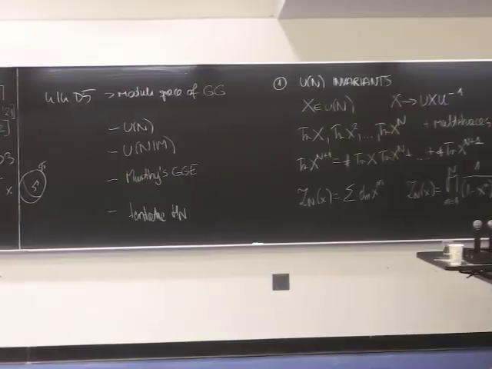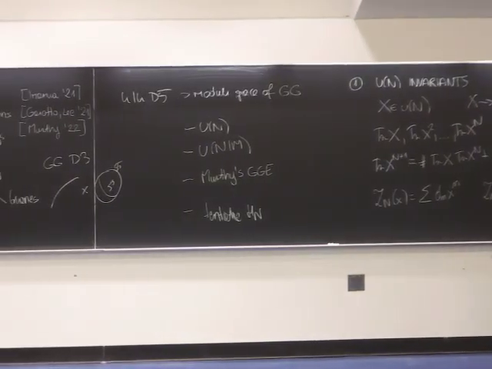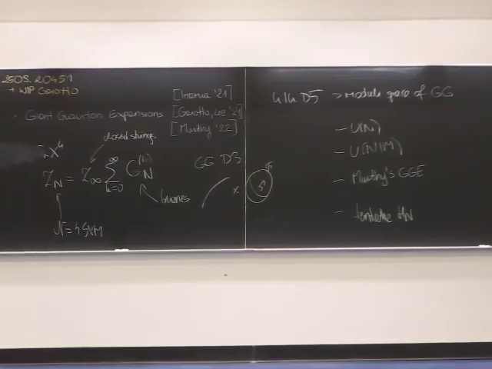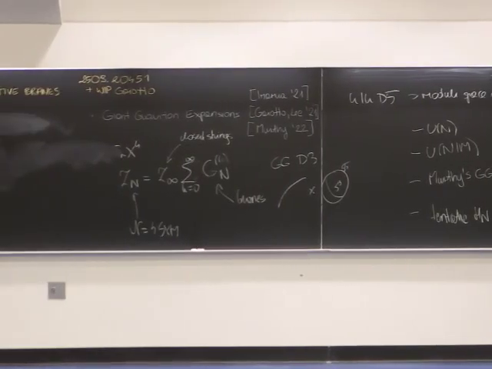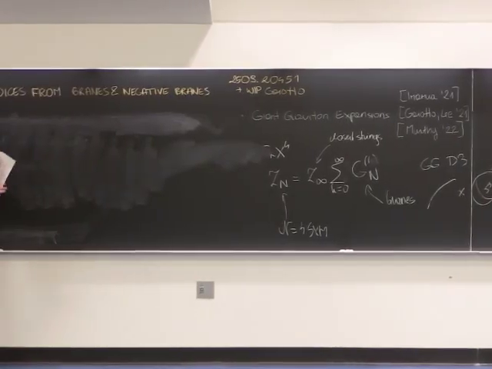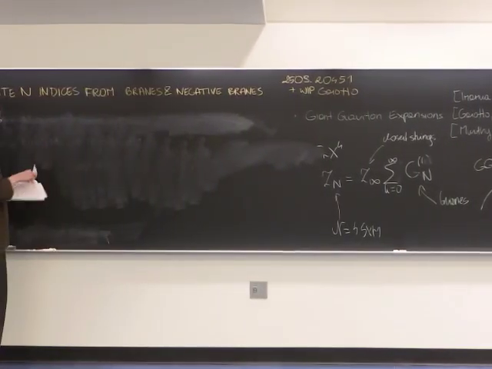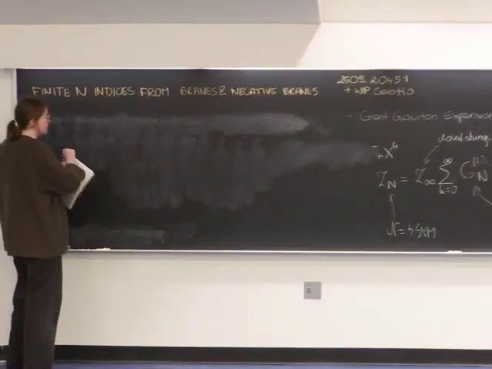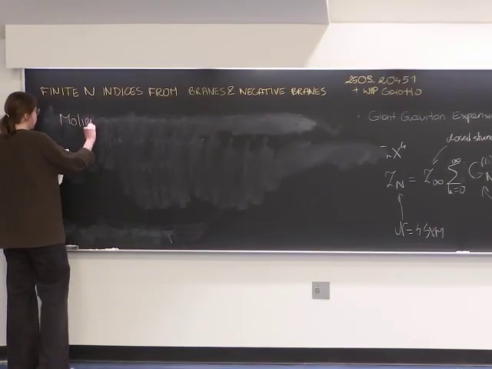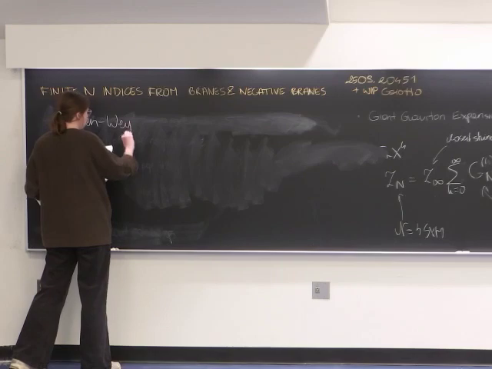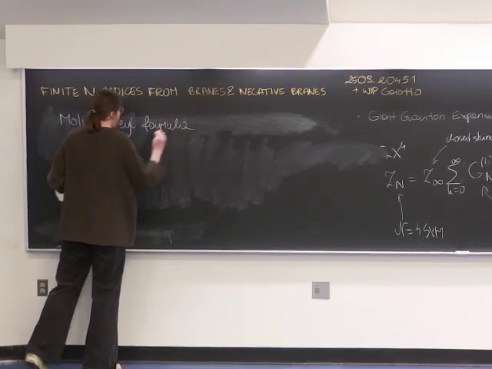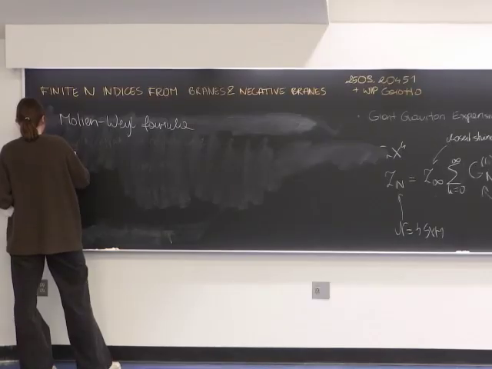For example, recently there's been a lot of work by Robert de Mello Koch and collaborators on computing these generating functions for more matrices, but there usually aren't closed formulas for any n. One way to compute these generating functions is the Molien-Weyl formula. It's an integral formula.